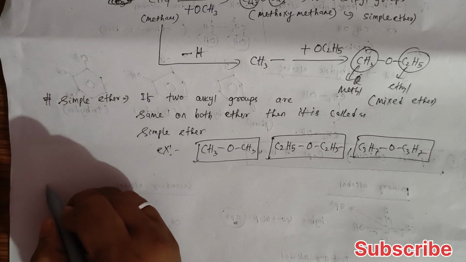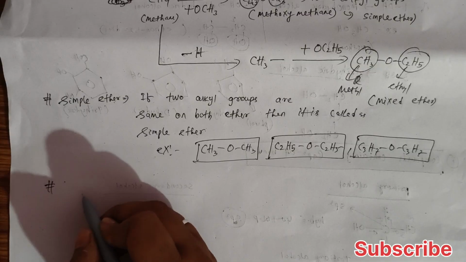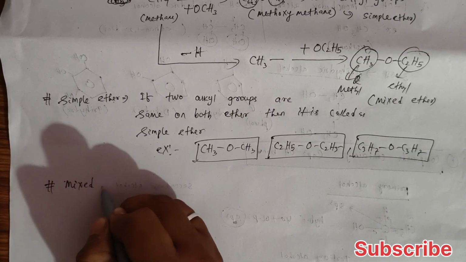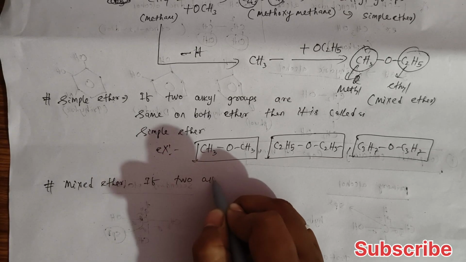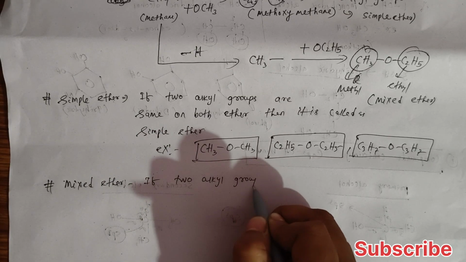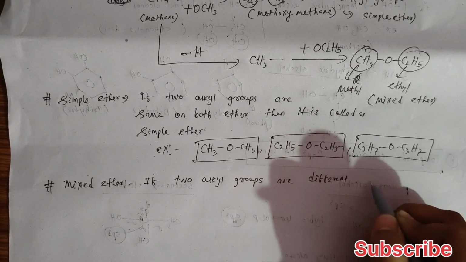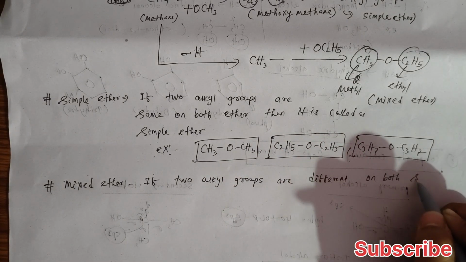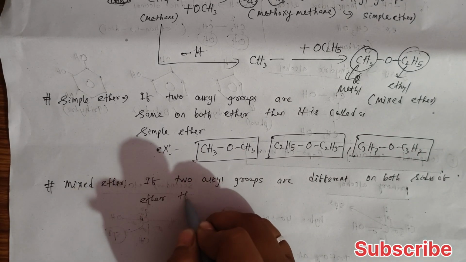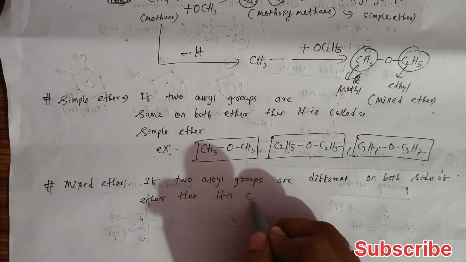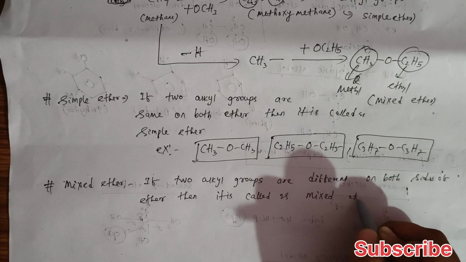Like this, if you take our mixed ether, what is a mixed ether? Mixed ether means if two alkyl groups are different on both sides of the ether, then it is called a mixed ether.